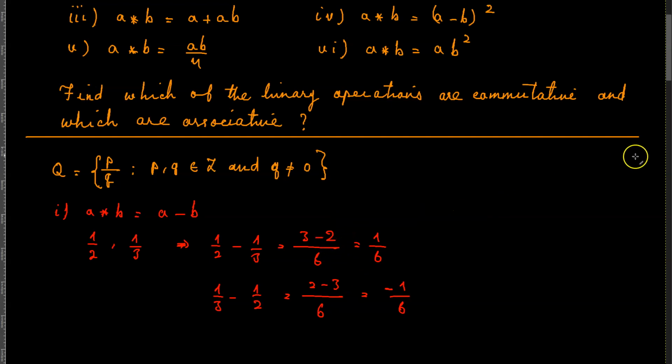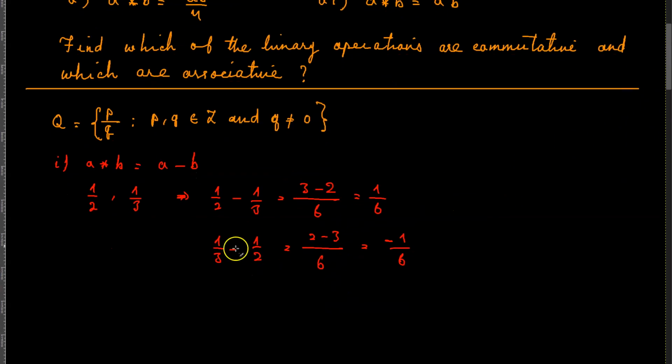Which means that A star B is not equal to B star A, and therefore star is not commutative.